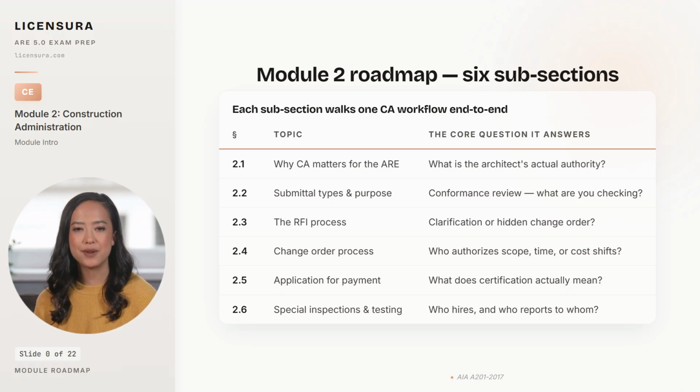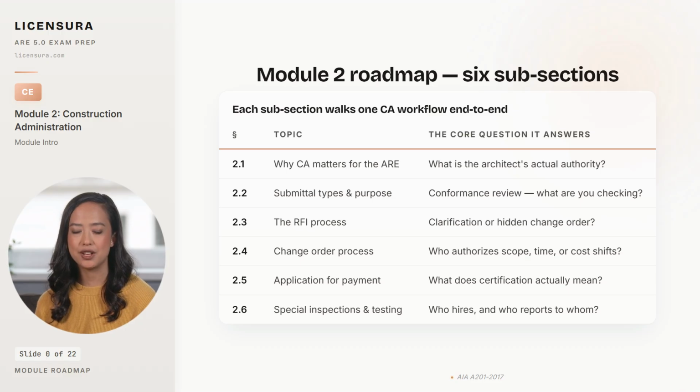Limited, contract-bound, and very different from what most architects assume on day 1. 2.2 covers submittal types, shop drawings, product data, samples, mock-ups, and what each one is actually for. 2.3 runs the RFI process, including the trap where a contractor uses an RFI to extract the change without going through change order authority.